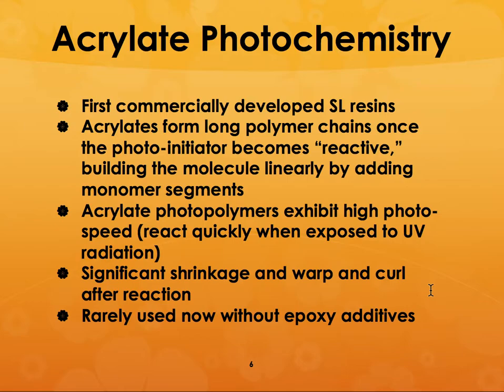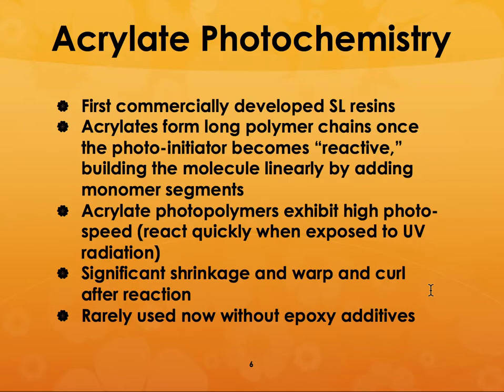And the one big advantage with the acrylate photopolymers is that they are extremely fast to react when exposed to UV radiation. So once the reaction takes place very quickly, it can undergo significant shrinkage and warp and curl after reaction.